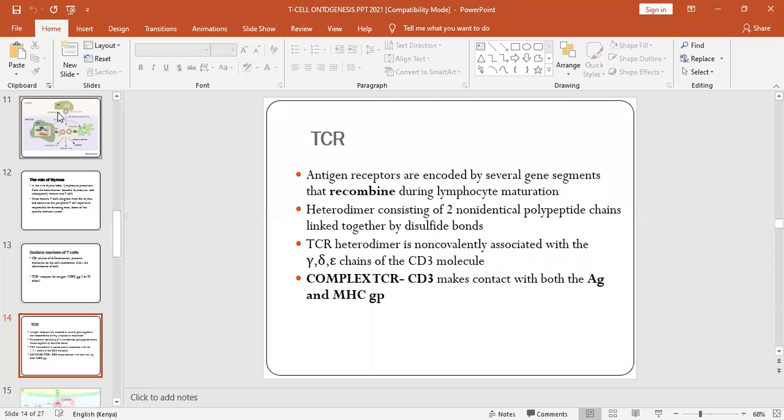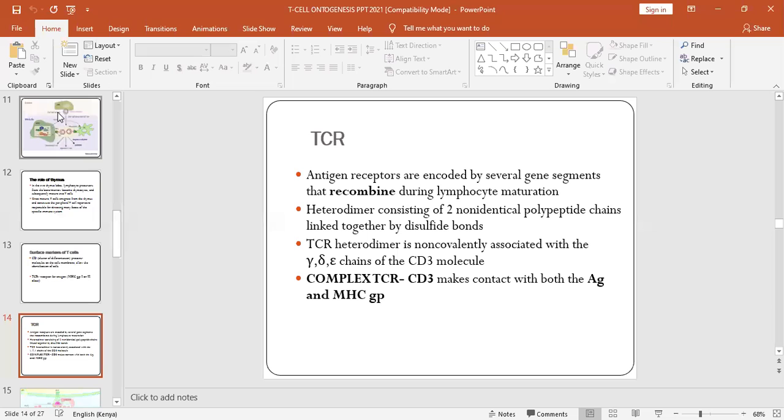But beyond the CD3 molecule, you have other receptors. It's like you can have the primary receptor and you can have other secondary receptors or co-receptors that are unique for each type of T cell. Now, this complex nature of the T cell receptor and the CD3 molecule makes it possible to interact with an antigen MHC complex.